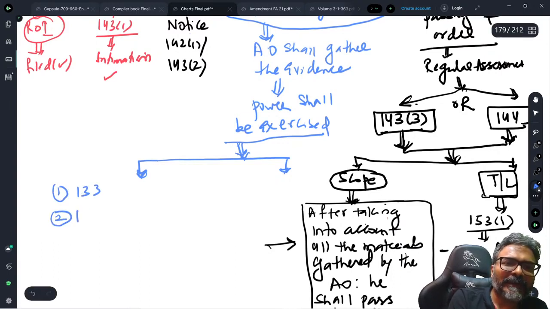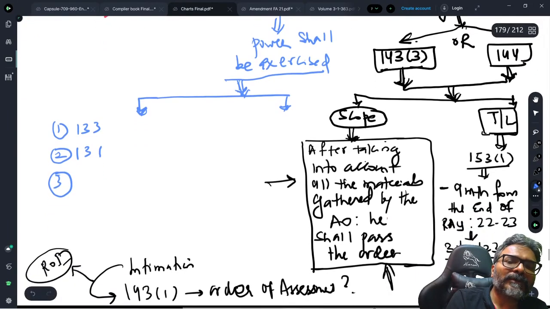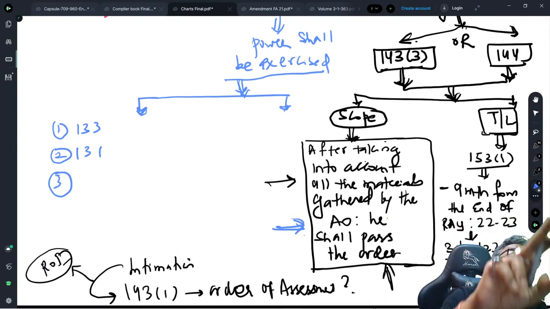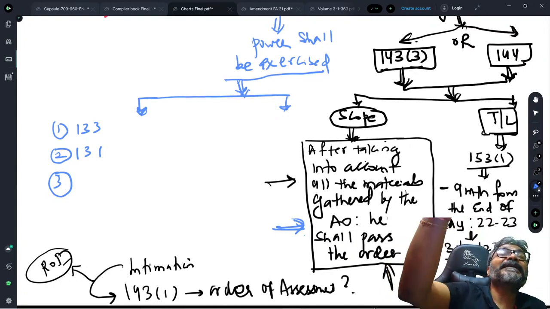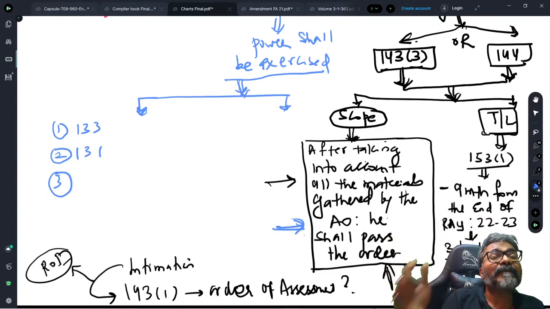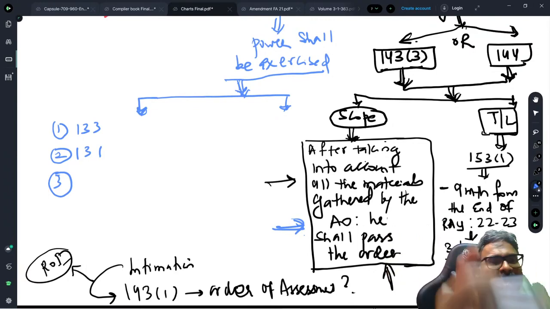These are the sections where the AO is going to exercise the power, and based on that, he is going to gather the evidence or the material, and based on the material, he is going to pass the order. So the order is not on the basis of ROI. The ROI is on the basis of the material which is gathered by the AO. To gather the material, does the AO require the power? Yes. Under which section, therefore, does the AO have the power to gather the material? These are the sections.